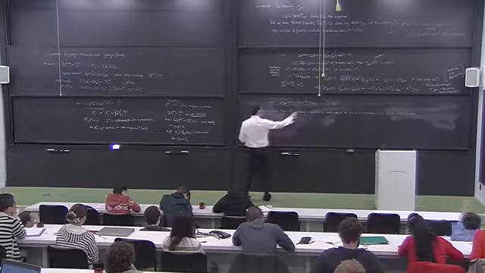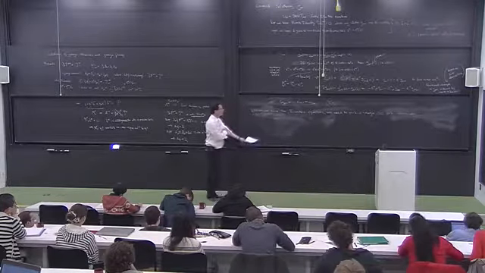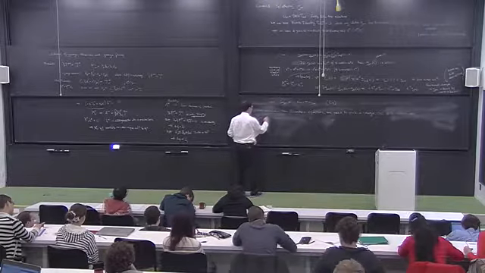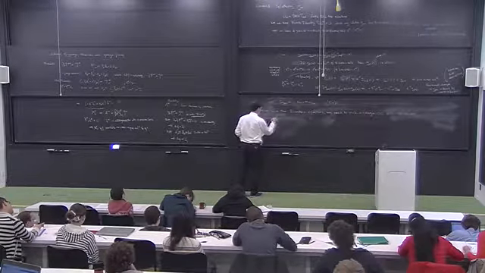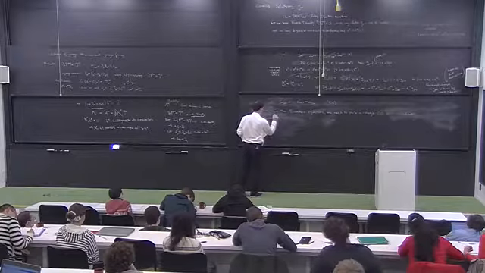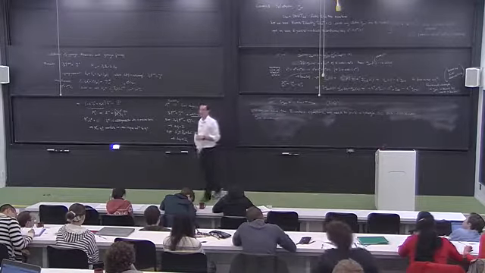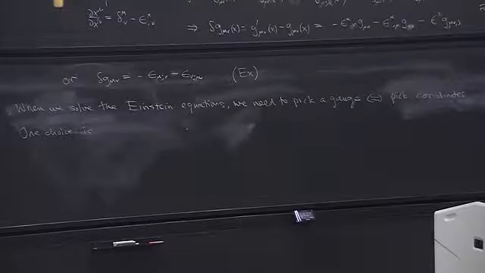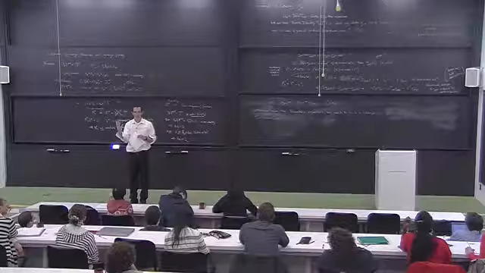And in the general case, we've got to pick a gauge. We've got to pick coordinates. So one choice of coordinates. Now, I want you to guess this. I've got to pick some coordinates. I've got 4 arbitrary functions, right?